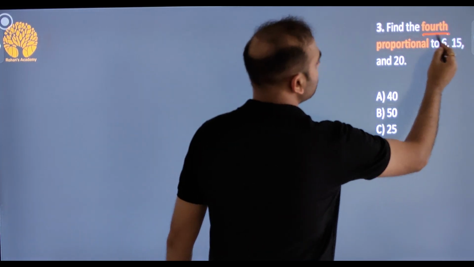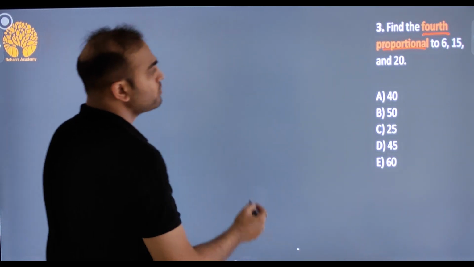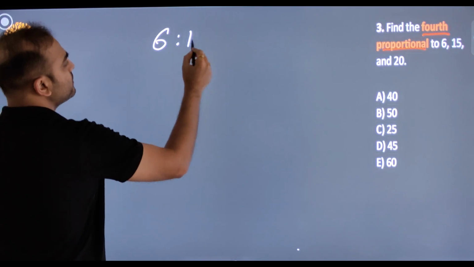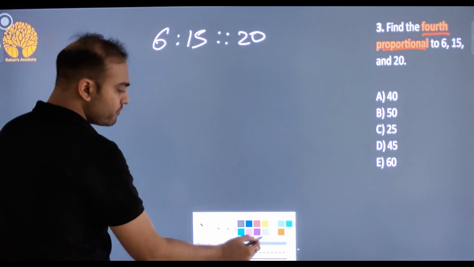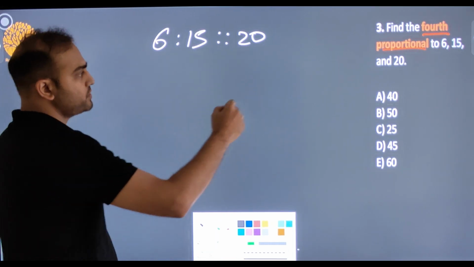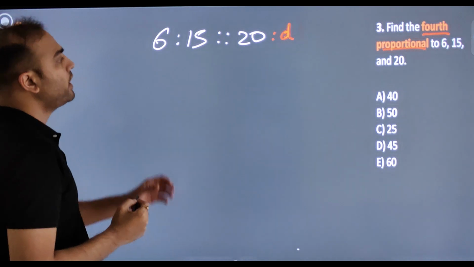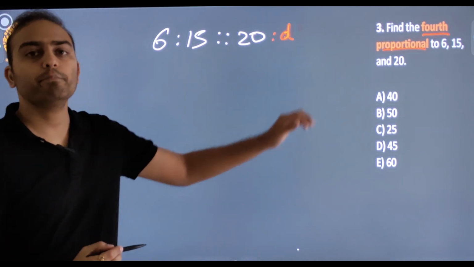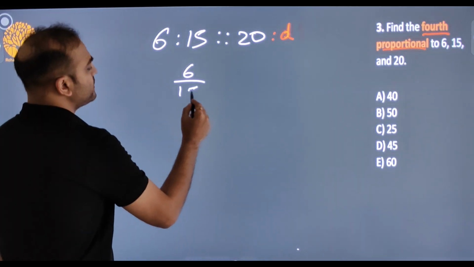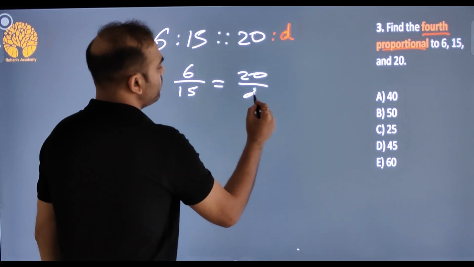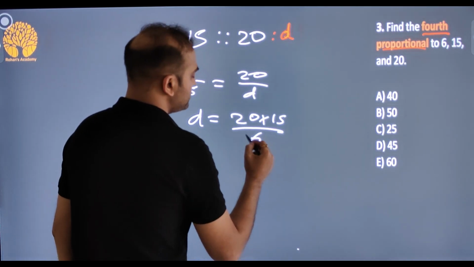Let's find the fourth proportional to this. I am assuming you guys have already done it by now. We have 6, 15, 20, and we want a fourth number to come into this equation and make all four come in proportion. So that's 6 by 15 is 20 over D. D is 20 times 15 over 6.